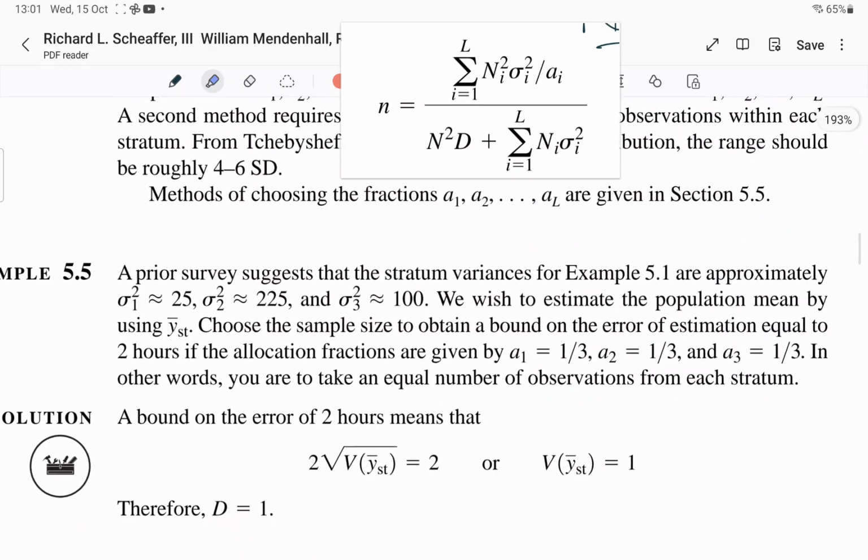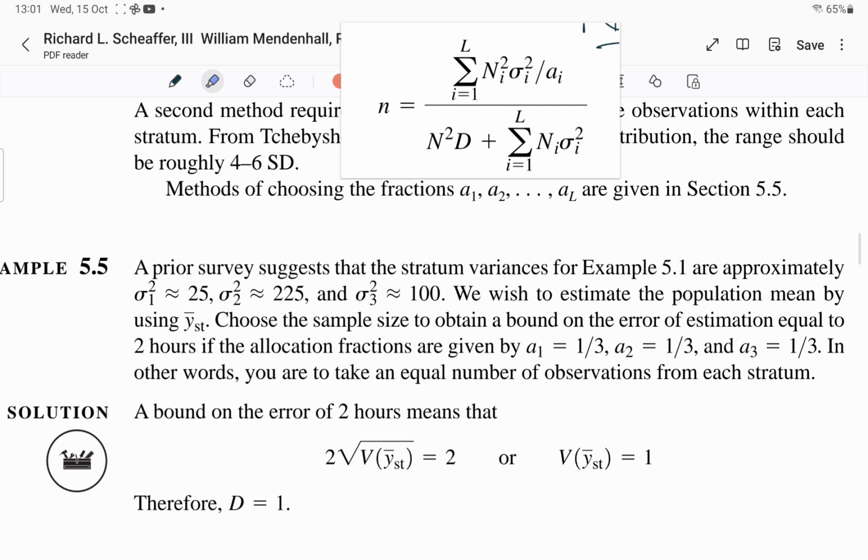So in example number 5.5, a prior survey suggests that the stratum variances for example 5.1 are approximately as given. We have taken this data from example number 1, and there are basically 3 strata in that example 5.1. So in each of the strata, sigma 1 square, sigma 2 square and sigma 3 square are given.